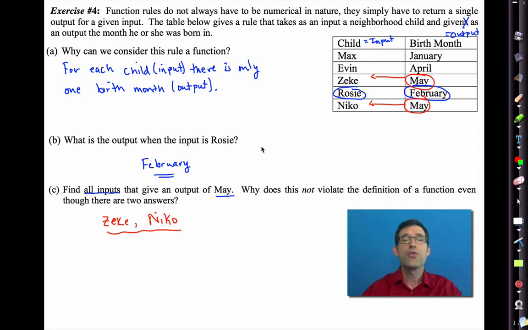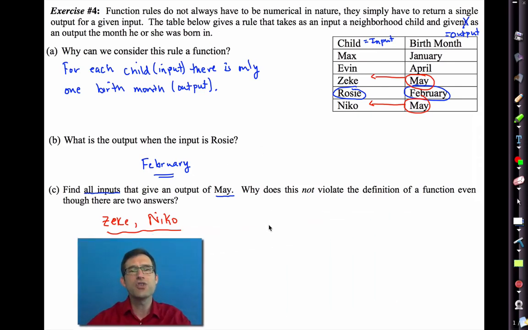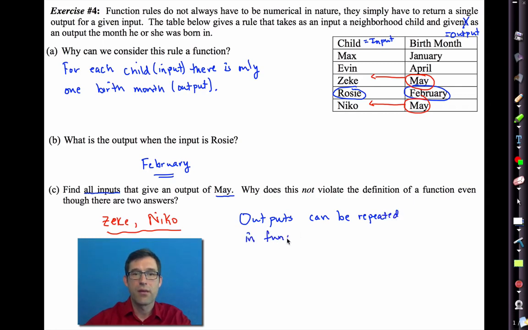The reason that we can still consider this a function is because a function does not insist that each output be unique. Outputs can be repeated in functions. Inputs cannot.